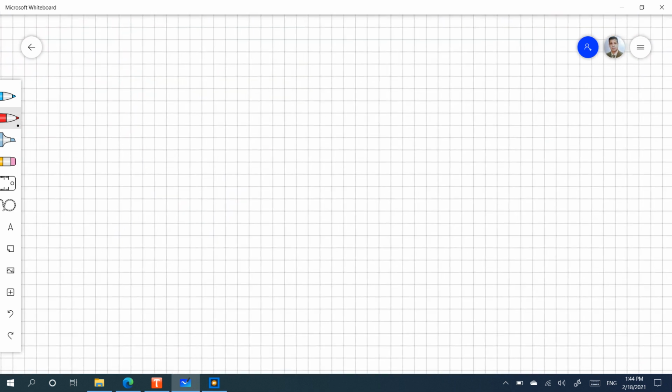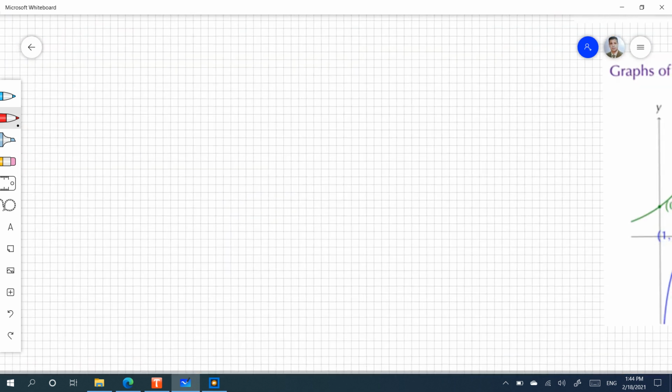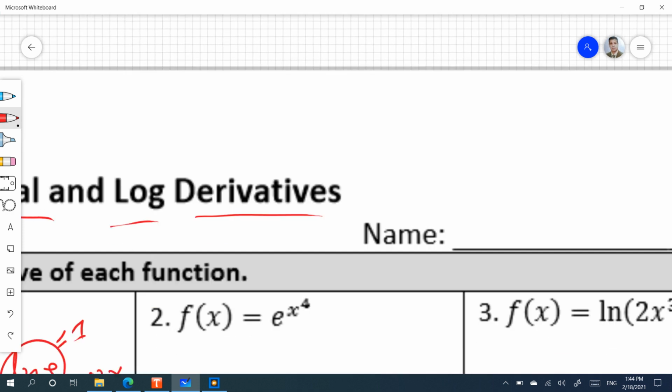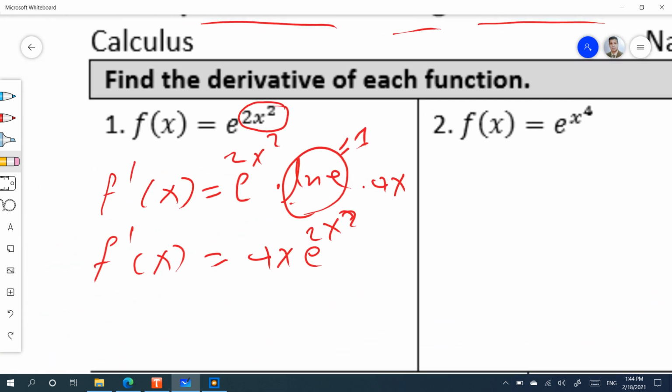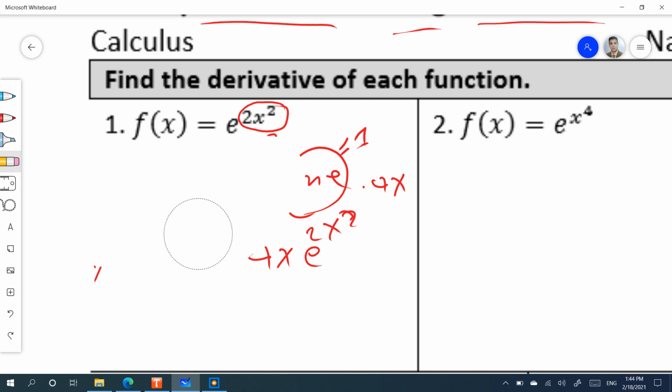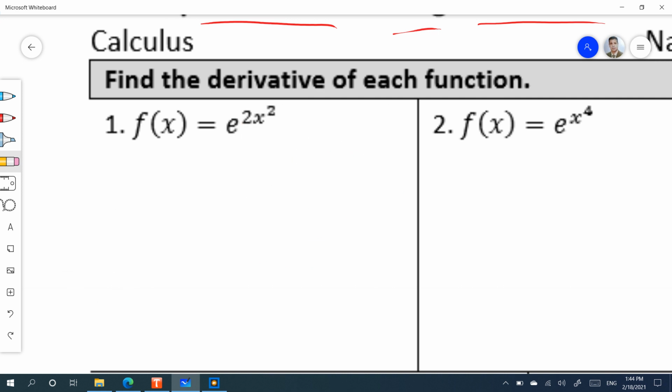We will take some examples. We solve some examples that help us explain the derivative of exponential and logarithm functions. Here it is: find the derivative of each function. We have about 12 functions.